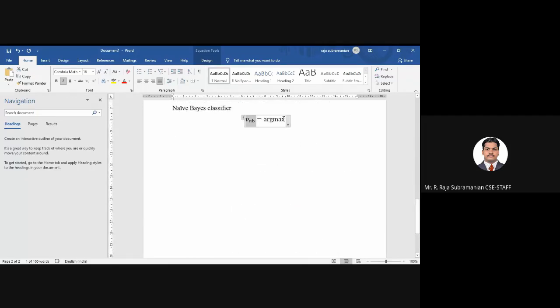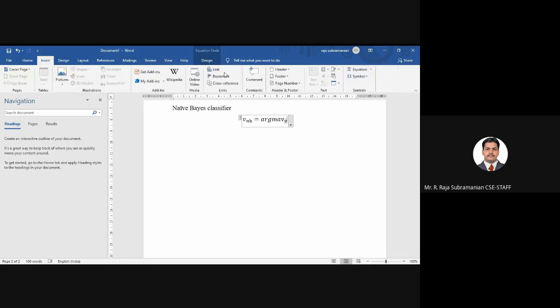So now I go for the output variable argmax. So the output variable V belongs to either yes or no. So that is the value we actually have here.